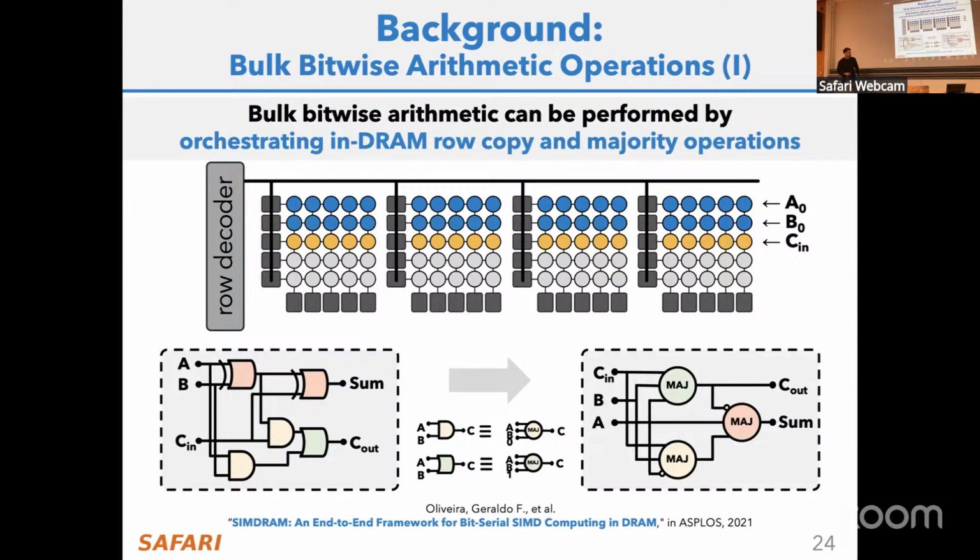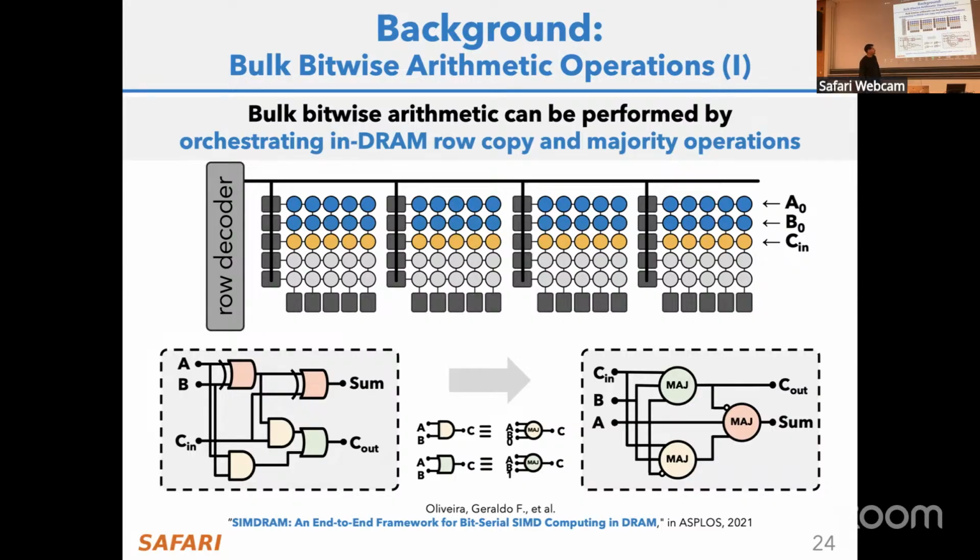Why only majority and NOT? Because as I mentioned earlier, the operation that you are doing when you are doing triple row activation in the DRAM array is basically a majority-of-3 operation. So this is going to allow you to do a more efficient computation because we don't need to control one of those rows to do AND and OR. So this reduces the latency of the operation.